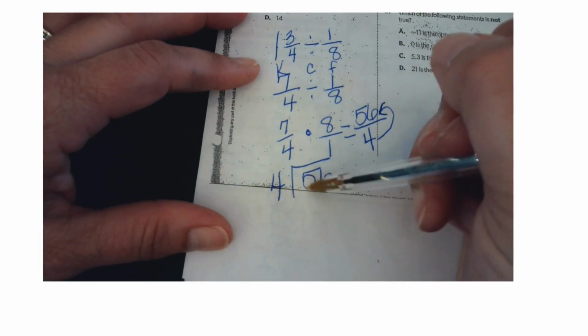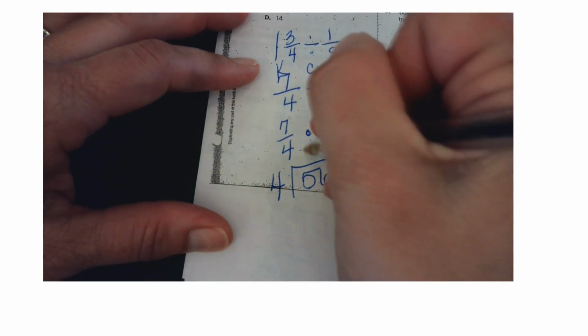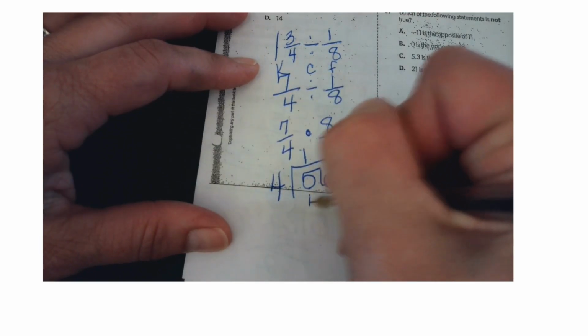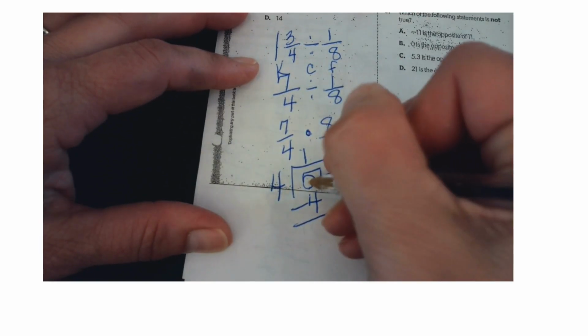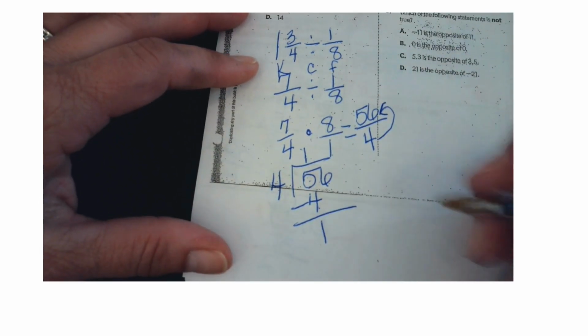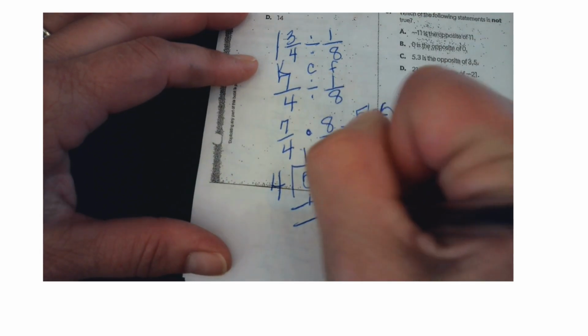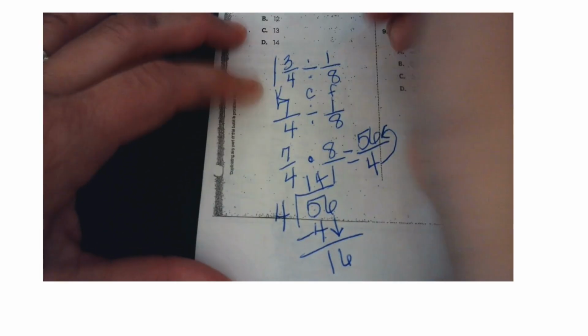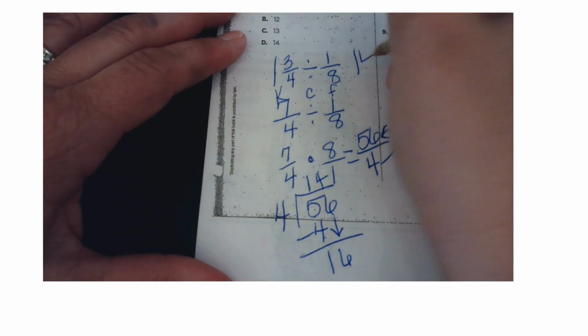How many times will 4 go into 5? 1. 1 times 4 is 4. 5 minus 4, 1. And then what do I do? Bring down your 6. 4 times 4. So this is going to give me 14.